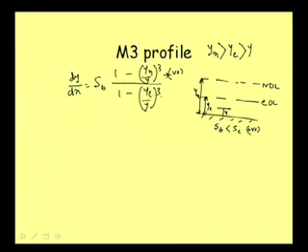And then in the denominator, yc is this time again greater than y, unlike the M2 profile. Here yc is also greater than y. So this ratio is also greater than 1, and its cube is greater than 1.